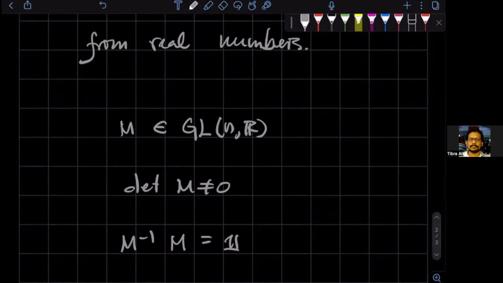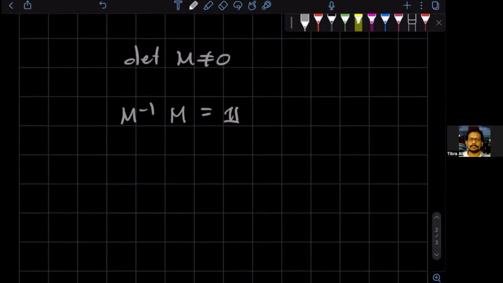Very good. So similarly, GL n C is exactly the same thing, but now the entries are complex. So what is the dimension of the matrix group GL n R? How many independent parameters are there?